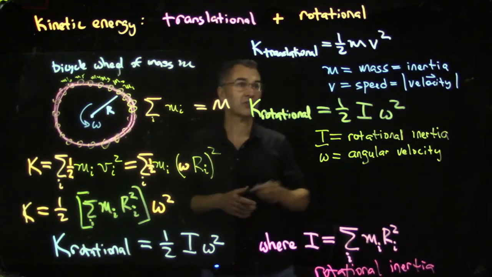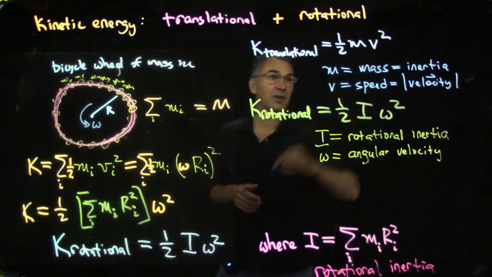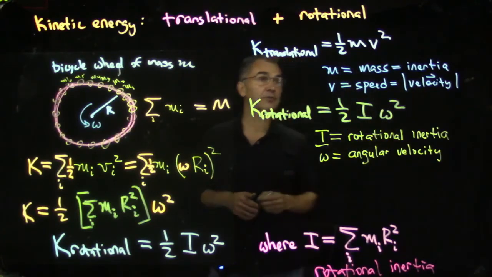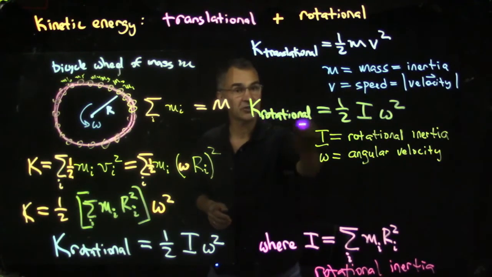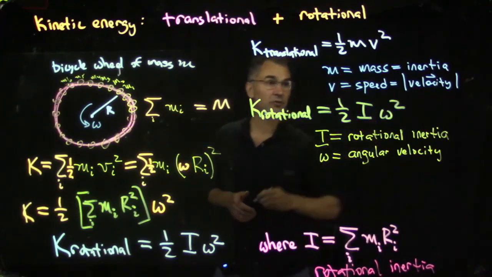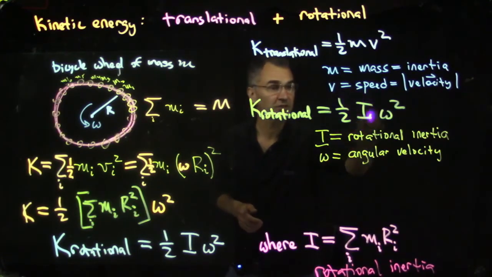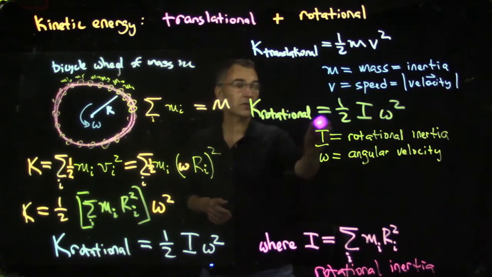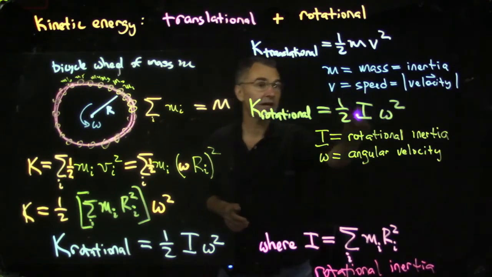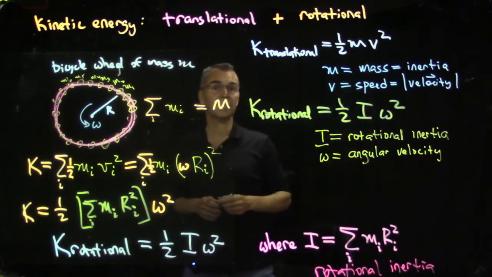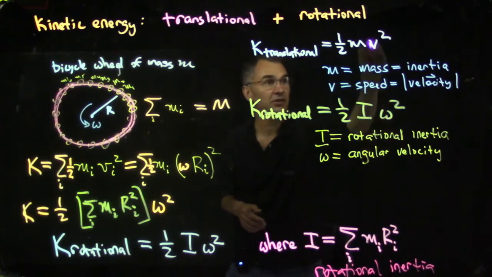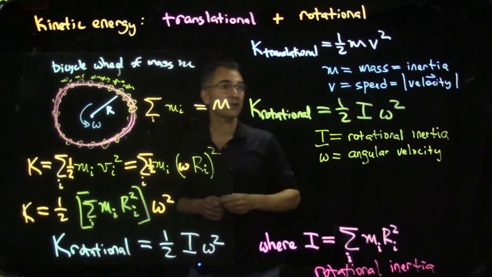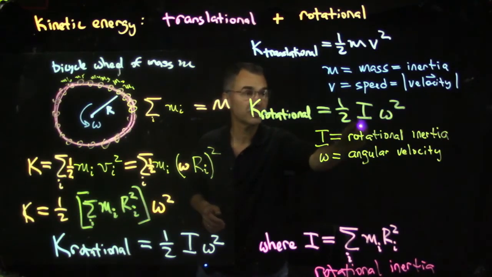And rotational kinetic energy is 1/2 times the rotational inertia, which plays the role of m here, times the angular velocity squared. So 1/2 I omega squared. I is the rotational analog of m, and omega is the rotational analog of v. So this is 1/2 mass velocity squared, and this is 1/2 rotational inertia angular velocity squared.